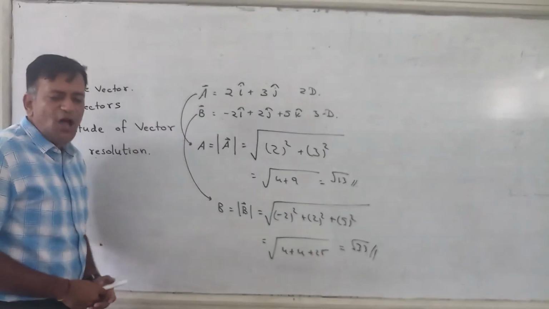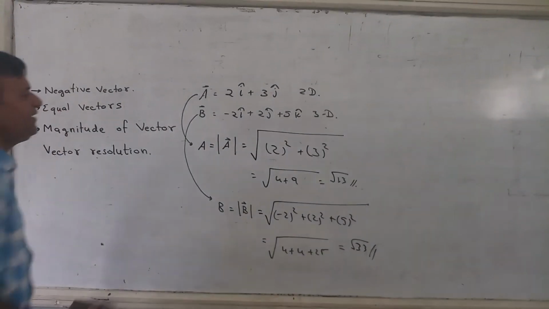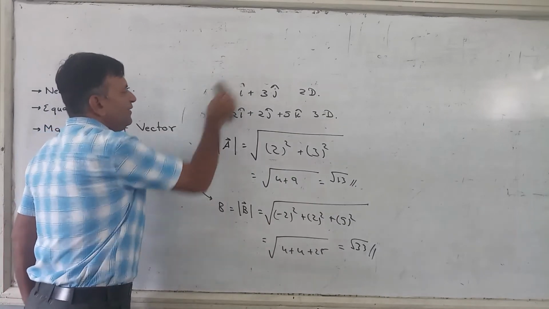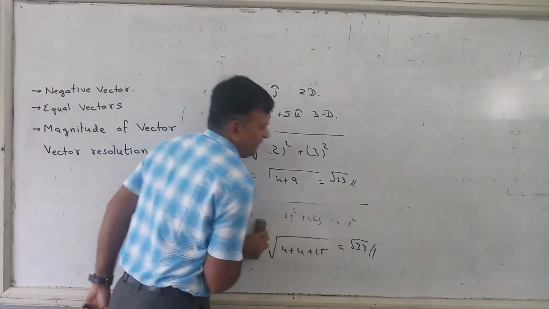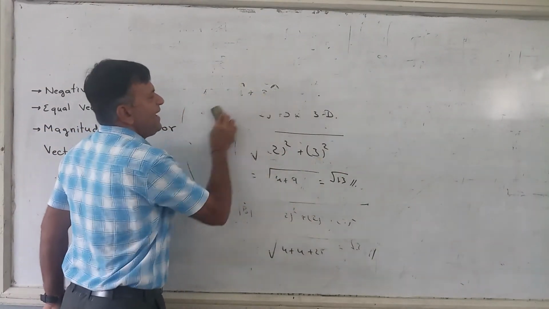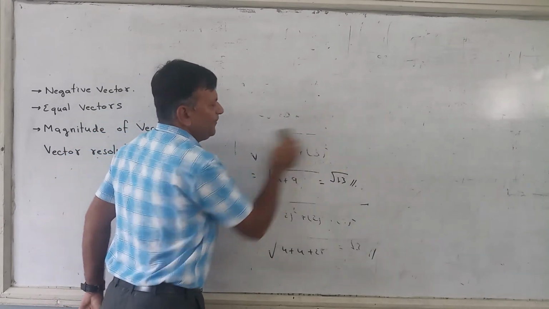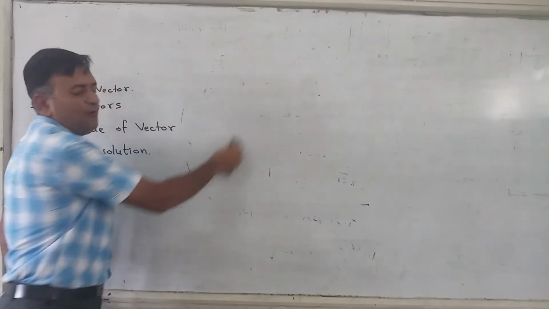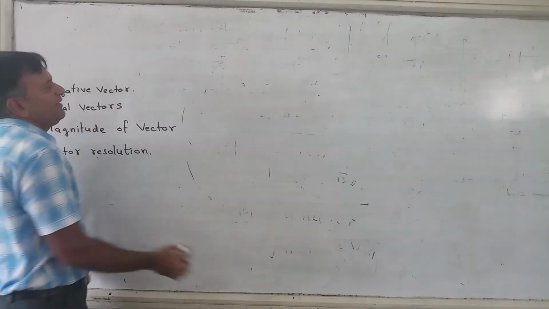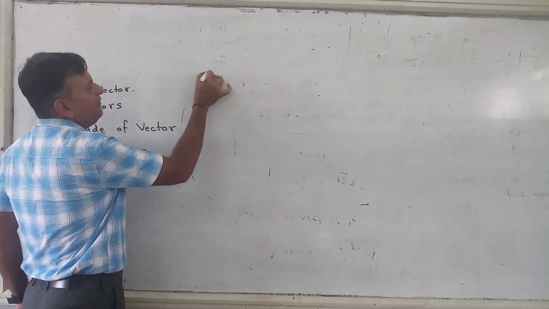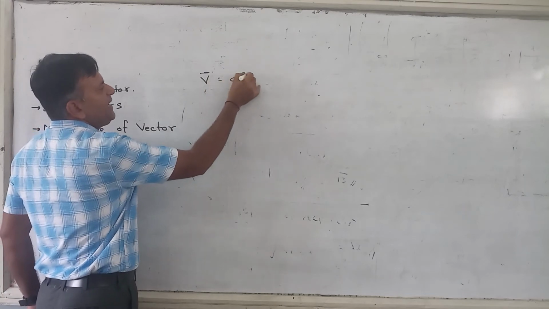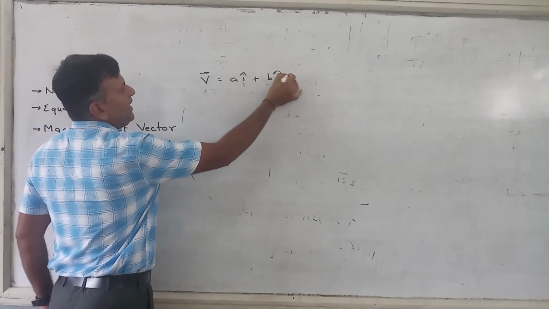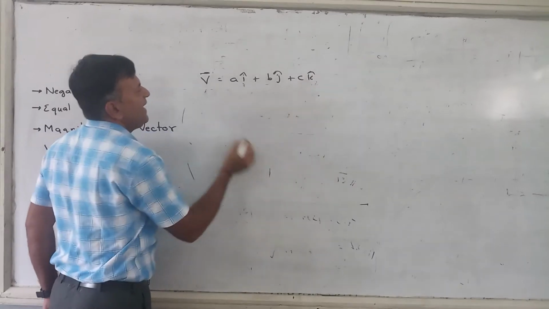Okay, the general form in which I can write the magnitude of any vector is very simple: root and squares. What you have to do is just root and squares. Vector V is given as ai cap plus bj cap plus ck cap.